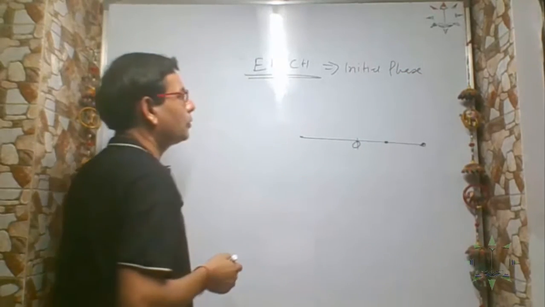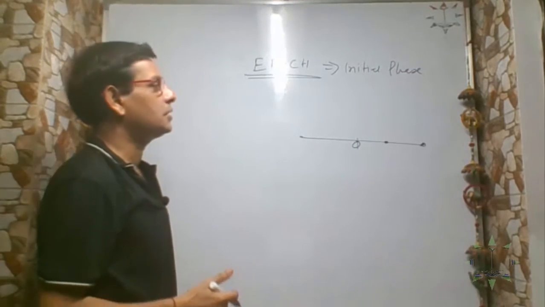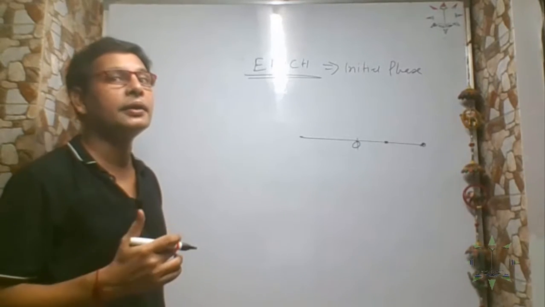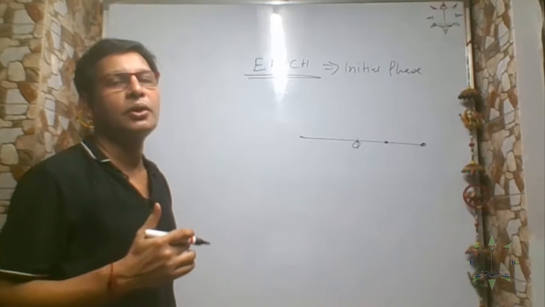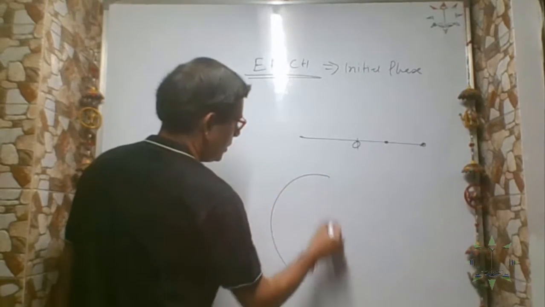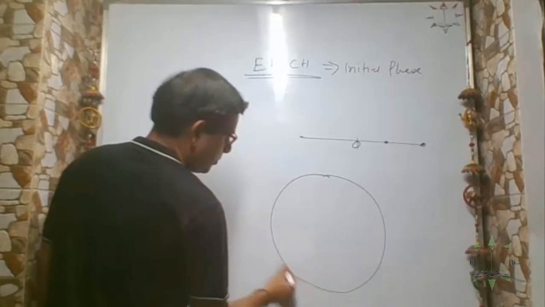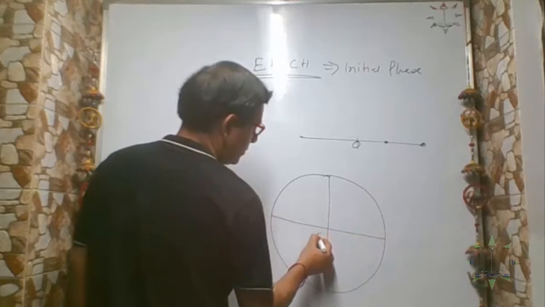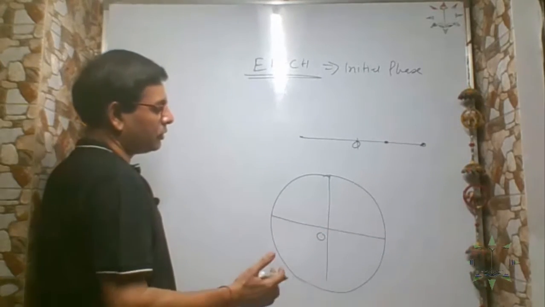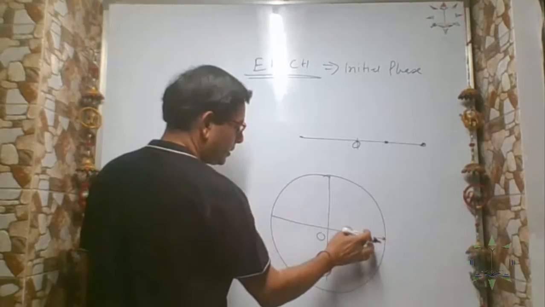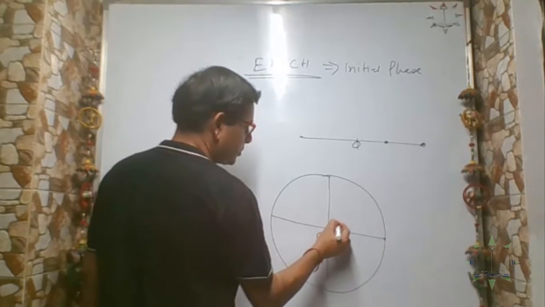So when the particle is not starting its motion from the mean position, then it has a certain angle. This angle is called the epoch. Again, we will draw a uniform circular motion of a radius vector. Normally we start the motion of the particle from this point, but now the radius vector starts its motion from here.